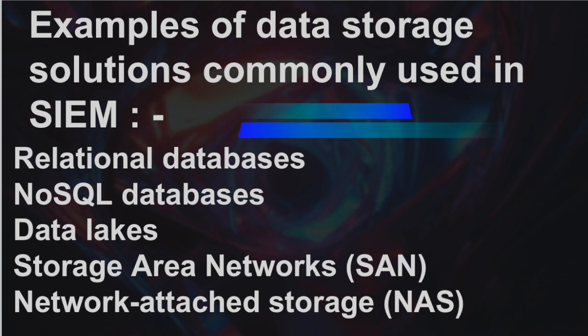The first one is relational databases. Relational databases are widely used in SIEM solutions to store structured data such as logs and events. Examples of relational databases used in SIEM include MySQL, Oracle, and Microsoft SQL Server.